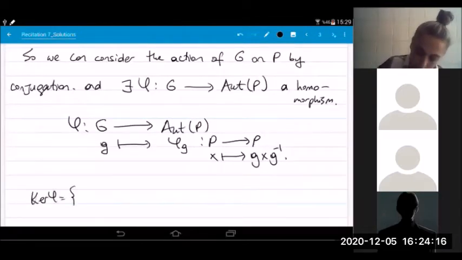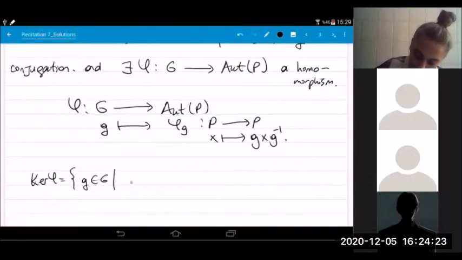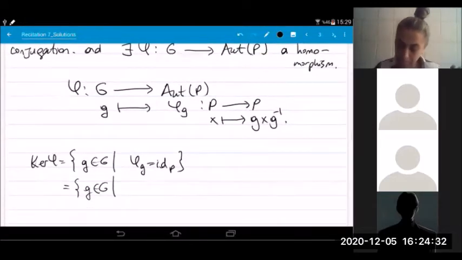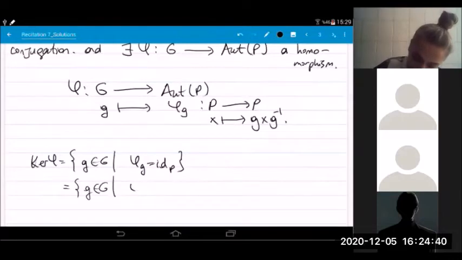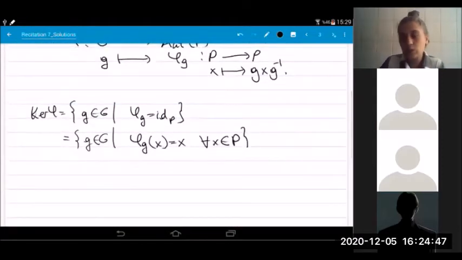The kernel of phi contains all g in G such that phi sub g is the identity on P. So this contains all g in G such that phi sub g of x is equal to x for every x in P. This is what the identity map means, right?